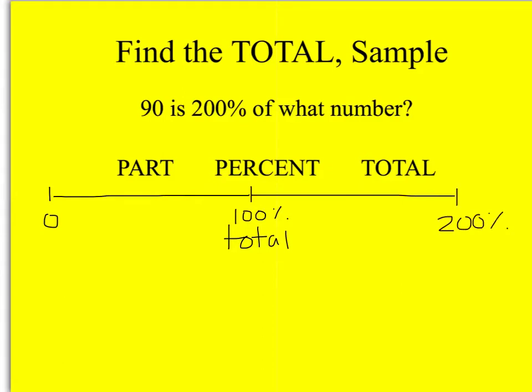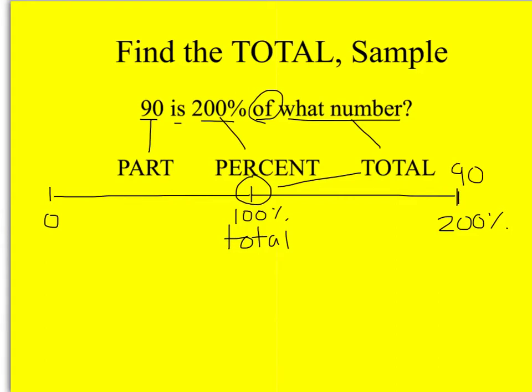So in the question, 90 is 200% of what number? So of what number? There's my total. That's what I'm looking for. I'm looking for the number that goes here, that is 100%. 90 is the part, and 200 is the percent. So if 90 is 200%, I'm going to put that over here on the number line because 90 is 200%.